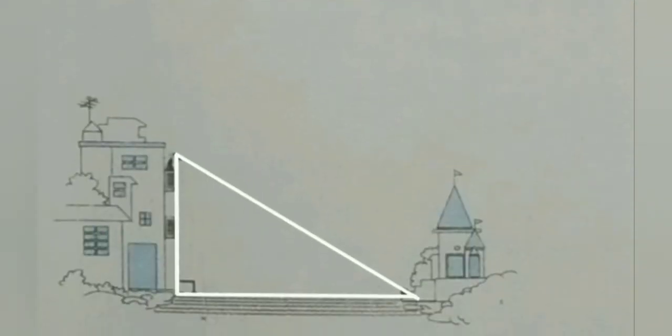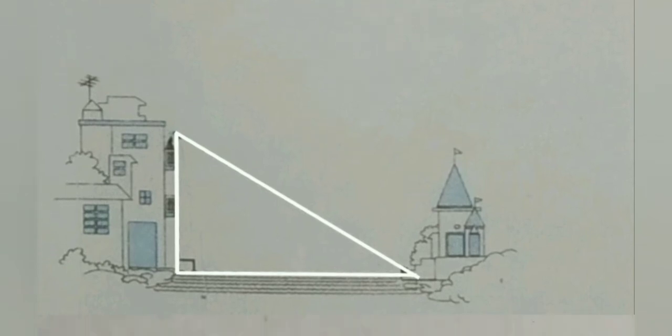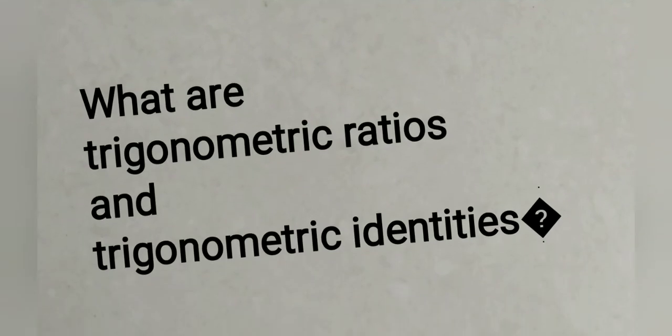Once we are done with the visualization of a right triangle, measurements are made using trigonometric ratios of the angles and trigonometric identities. So, what are trigonometric ratios and trigonometric identities after all?